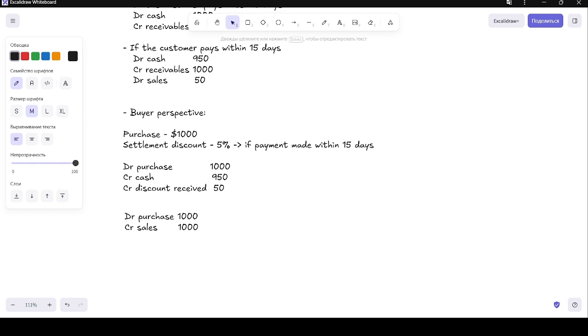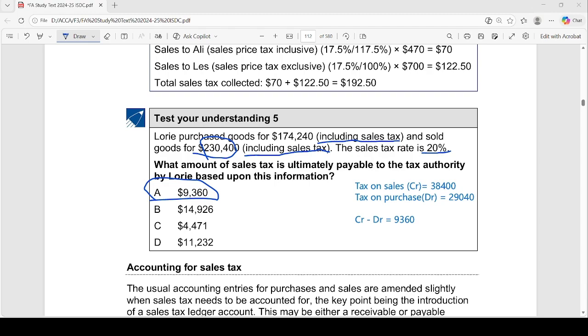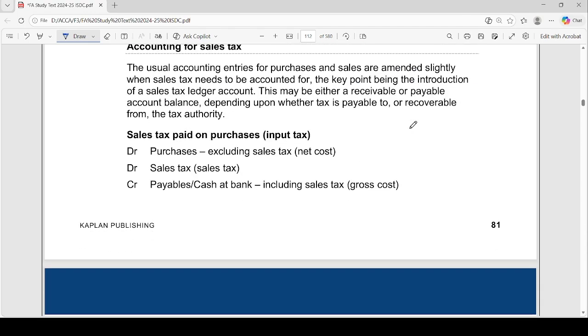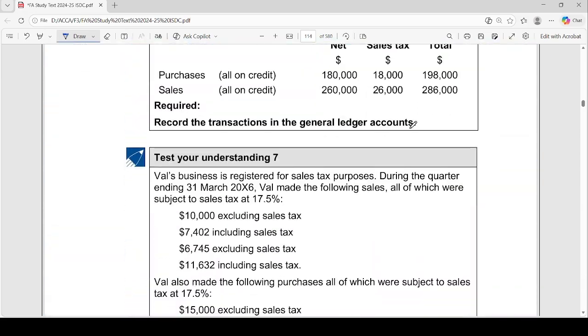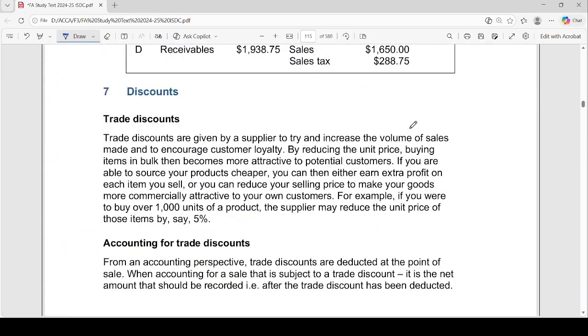Let's do some questions on our study text. Accounting for sales tax, we have said, and discounts.